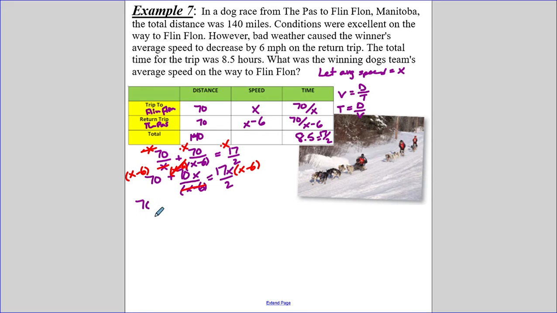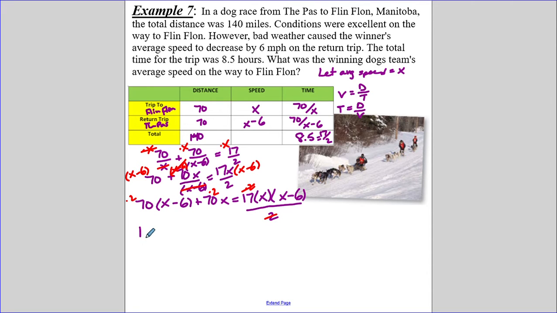So now I have 70 times x minus 6 plus 70x is equal to 17x times x minus 6 all over 2. And then my last part is to multiply by 2 everywhere. Multiply by 2 everywhere. The 2's are going to cancel here, top and bottom.